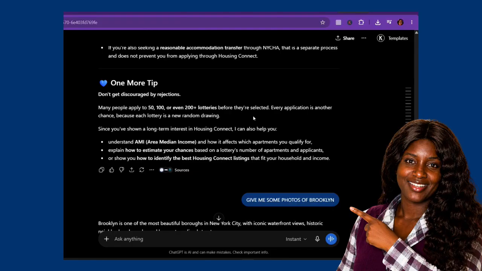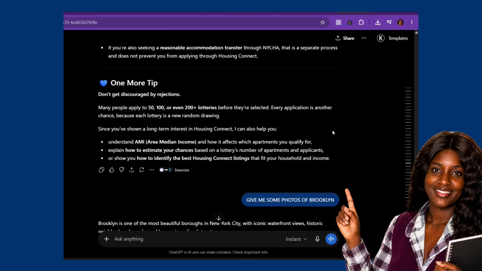Come to the website every day. This is for people who are interested in this, not for those of you who are not, okay? There are a lot of people who are very interested in getting an apartment in Housing Connect. It's not for everyone, okay? So it says every application is another chance because each lottery is a new random drawing, okay?